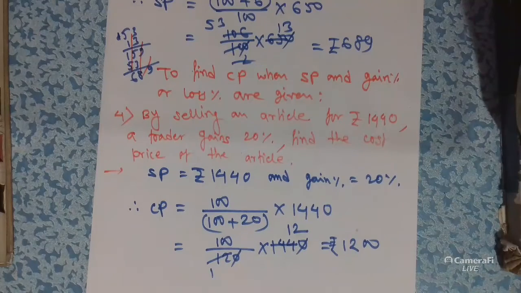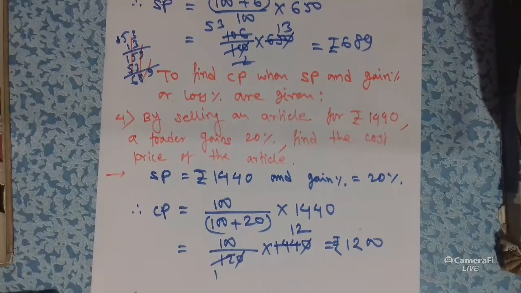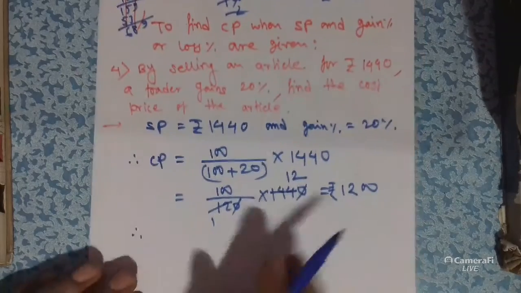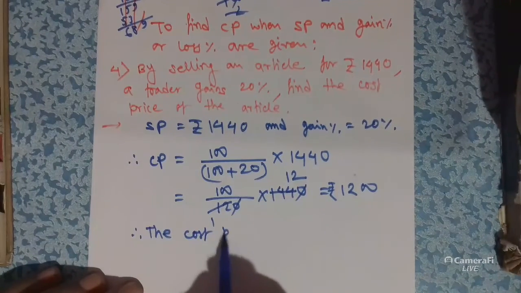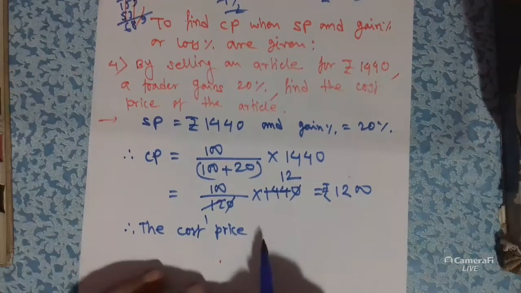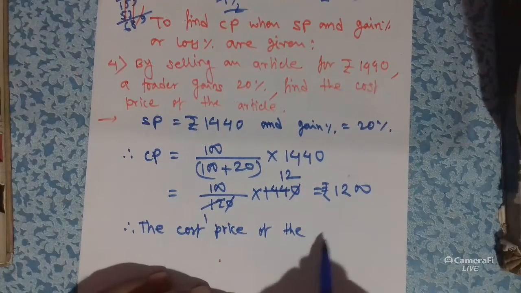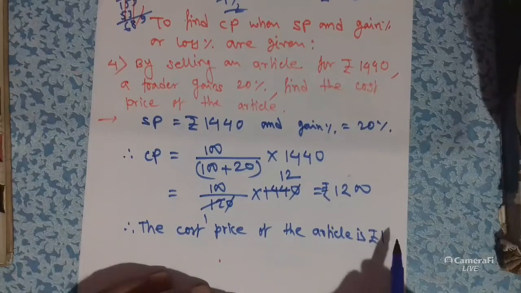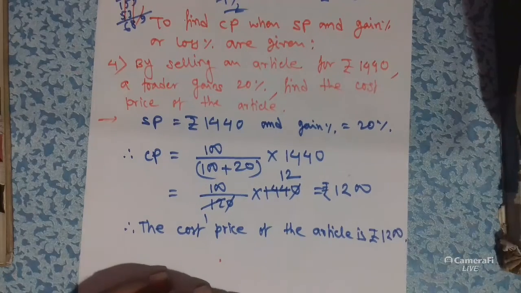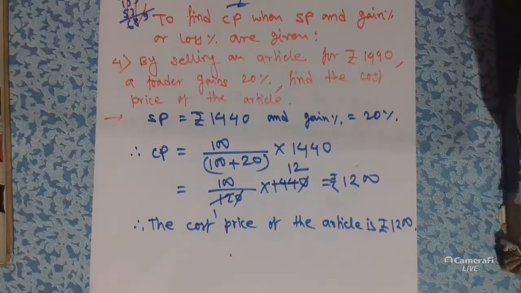So 1200 is its cost price. So therefore we have to write the answer also. So therefore the cost price of the article is rupees 1200. I hope you understood, students.